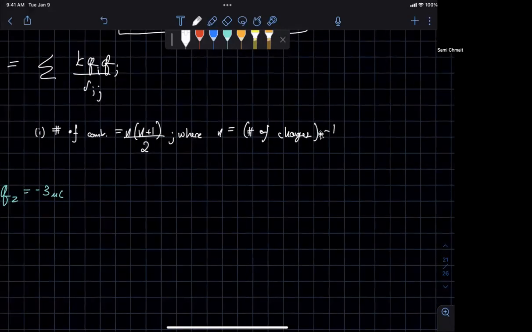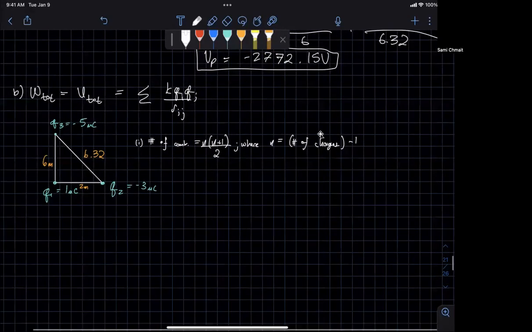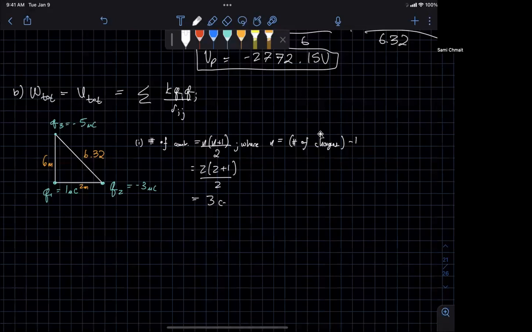So in this case, how many charges do we have? We have 3, so 3 minus 1 is equal to 2. So that means 2 times 2 plus 1 divided by 2. That equals 3 combinations.